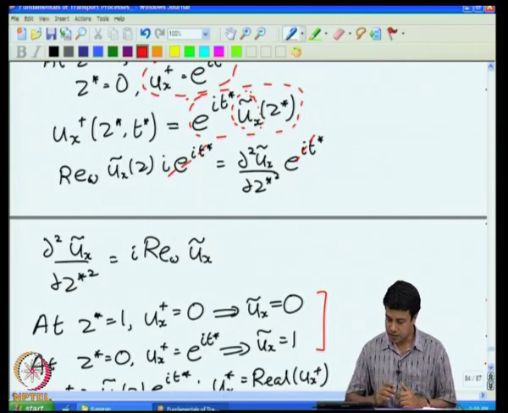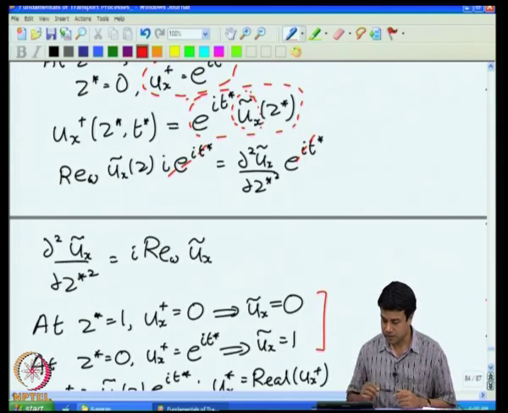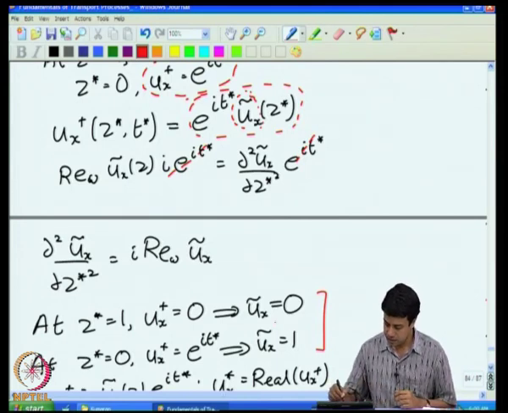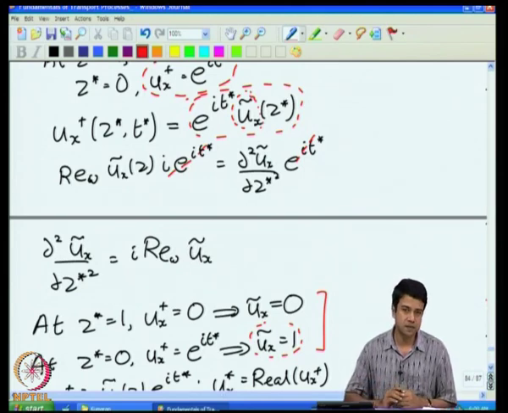The boundary condition for the complex velocity is e power i t at the bottom surface, so for this u x tilde, the boundary condition has to be u x tilde is equal to 1, because this times e power i omega t is the complex velocity field. Okay. So, now both the differential equation and the boundary condition are independent of time when expressed in terms of this variable u x tilde. Okay. They depend only upon space.